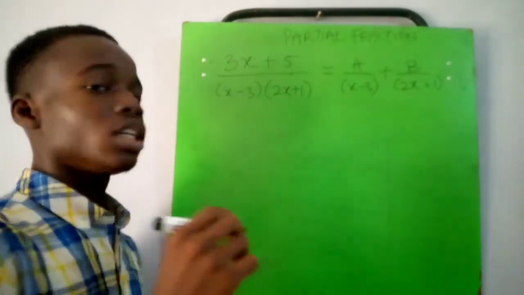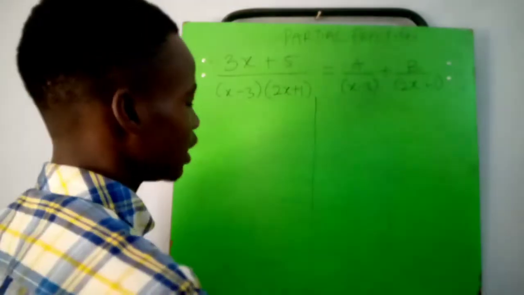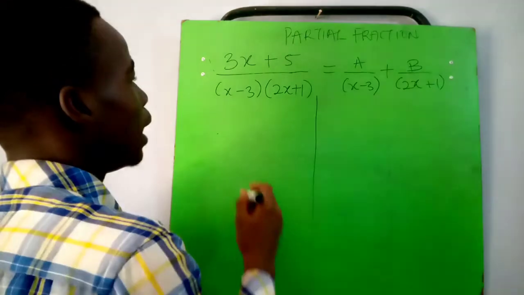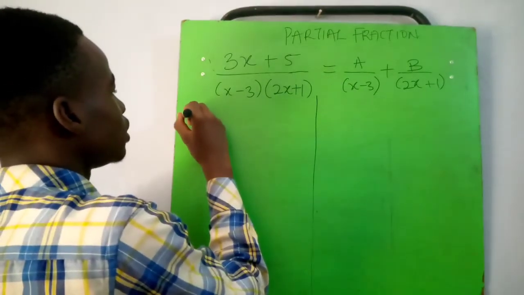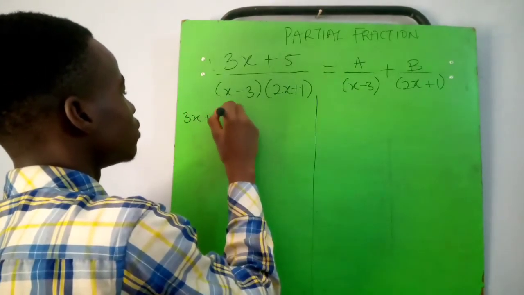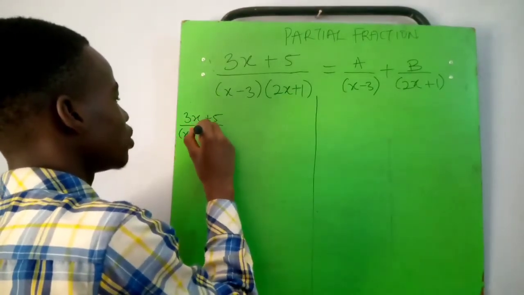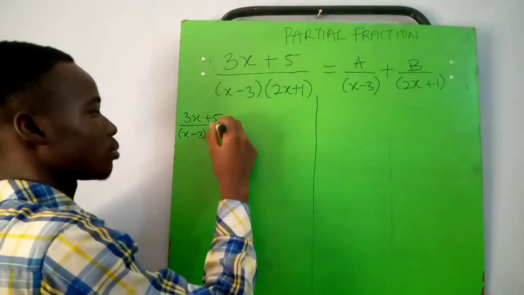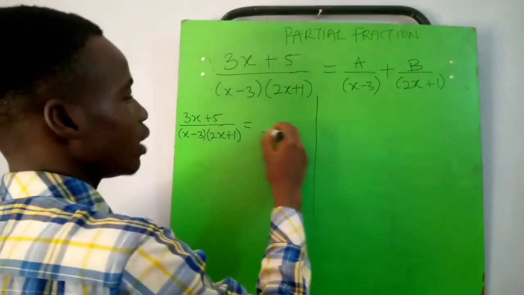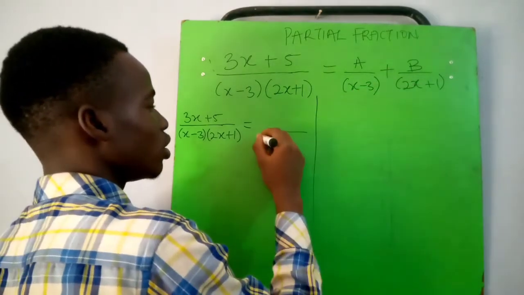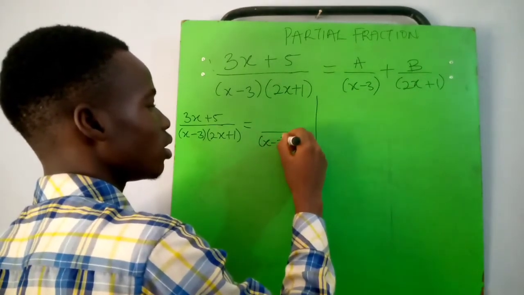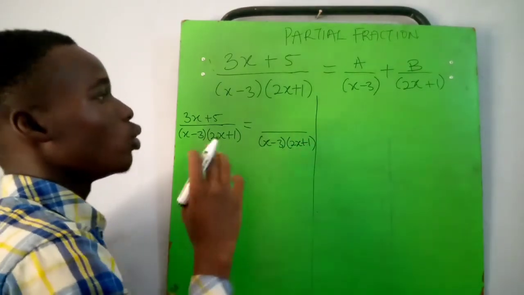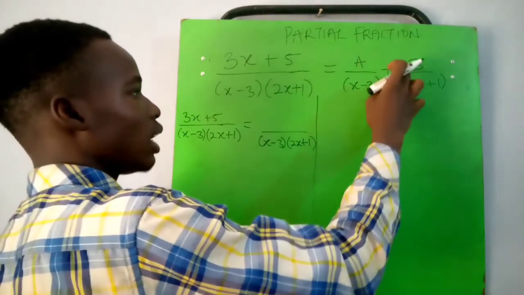The first step to take is to find the LCM. So we'll draw a line here because many a time the solving in partial fraction may be long. So write out 3x plus 5 over (x minus 3)(2x plus 1) is equal to, we'll find the LCM. The LCM is this times this, so we'll have (x minus 3) times (2x plus 1). Now the next step is to multiply A by this and B by this.